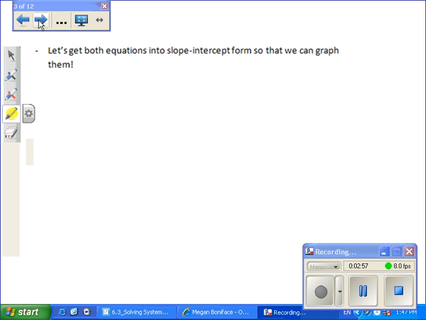I see that my first linear inequality, so let me rewrite it for you right here. In your notes, you can rewrite them just down below. I have 3x + 2y > -6. Before I can go ahead and graph that, I know right away I'm going to have to do some rearranging because it's not in slope-intercept form. Remember what slope-intercept form is.